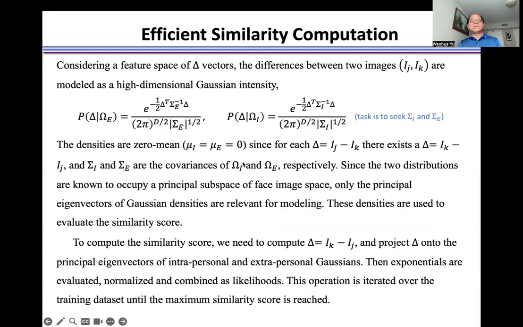Considering a feature space of delta vectors, the differences between two images Ij and Ik are modeled as a high-dimensional Gaussian density here.